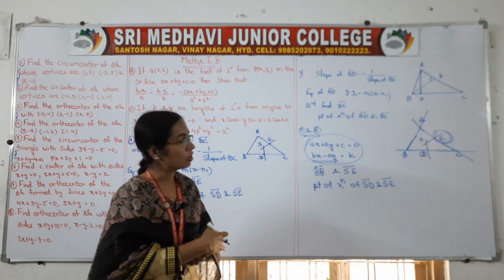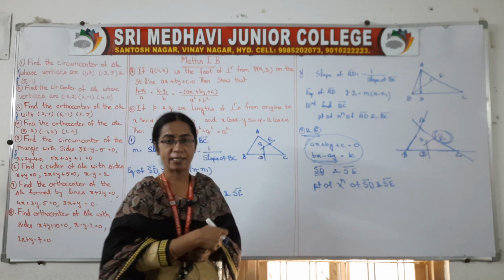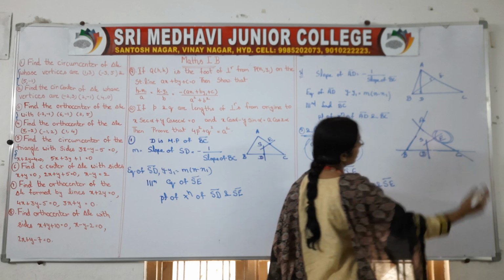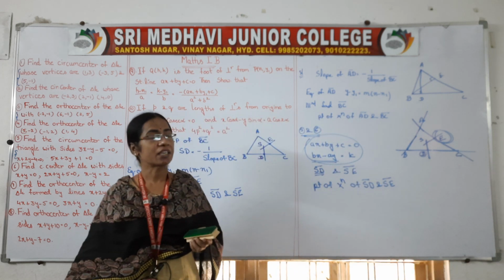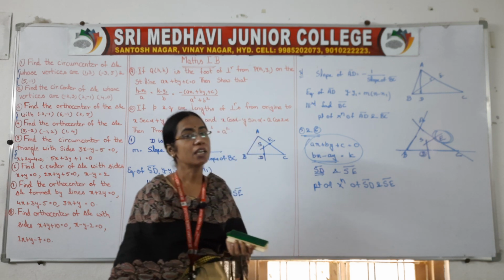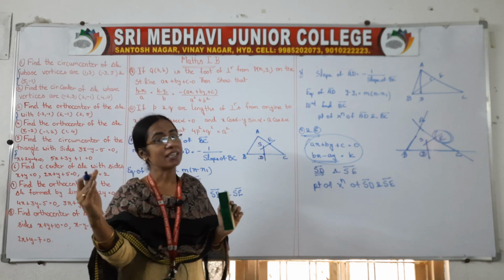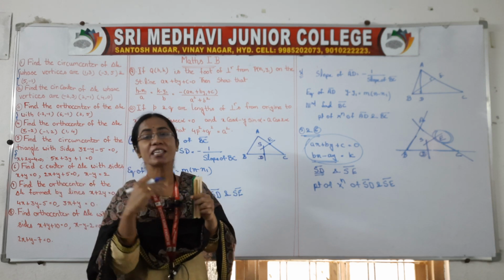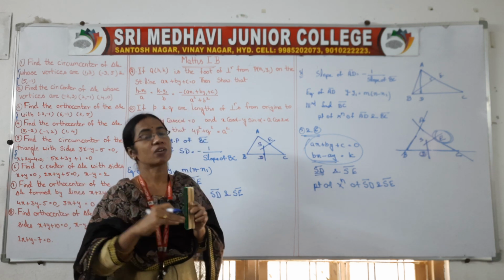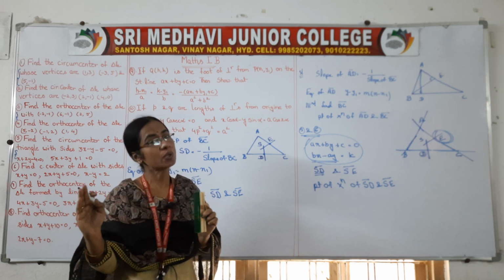After that, you find D as the midpoint of BC and E as the midpoint of AC. Then you take the SD line equation. SD is perpendicular to the BC line, so you apply that formula: if one line is perpendicular to another line, the x coefficient goes to y, the y coefficient comes to x, in the middle a minus sign, equal to k.